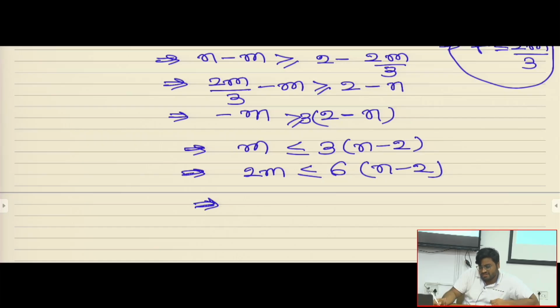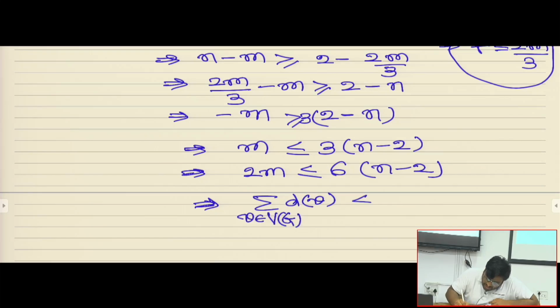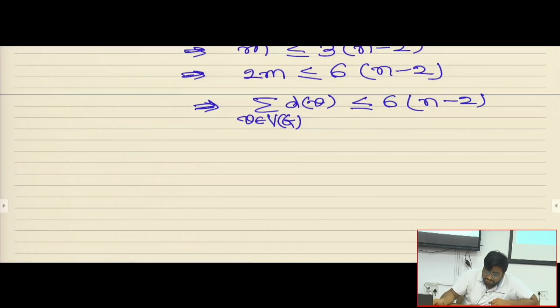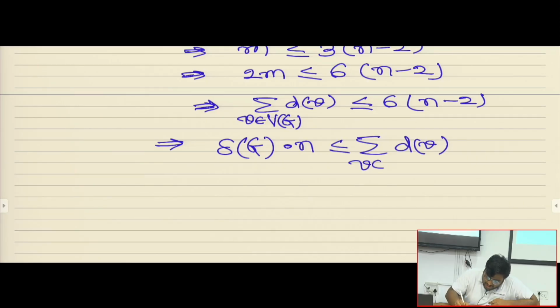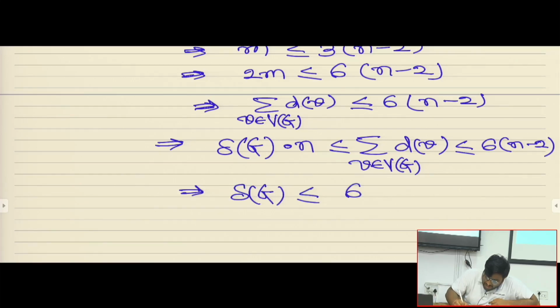And we know by the handshake lemma that 2m equals the sum of degrees of v, where v belongs to the vertex set of G. Okay, and we can also write that the minimum degree of G times n is less than or equal to the degree sum, and then it is less than or equal to 6 minus 12 by n.